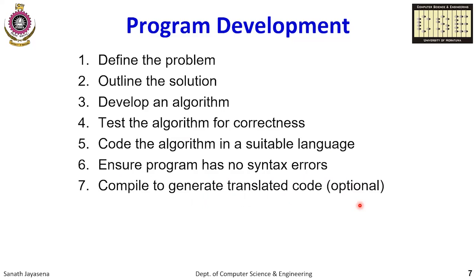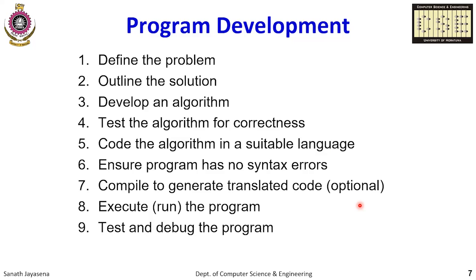Once you have the ability to execute this program, that means you have got a way to translate it into machine code, then you can actually execute, which means we say run the program. And when you do that, you can see whether it works correctly. So the next step obviously is to test and debug the program. Debug is a new term. Testing we already explained a little earlier.